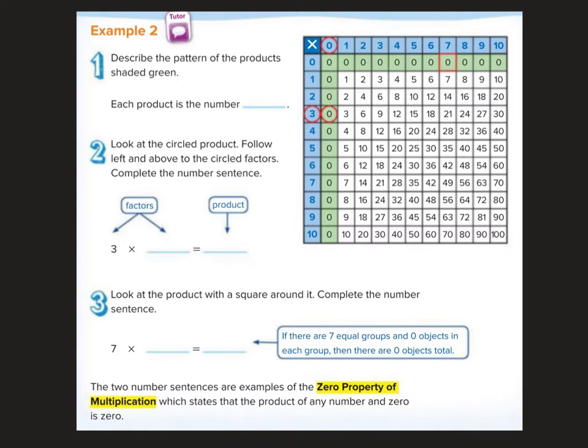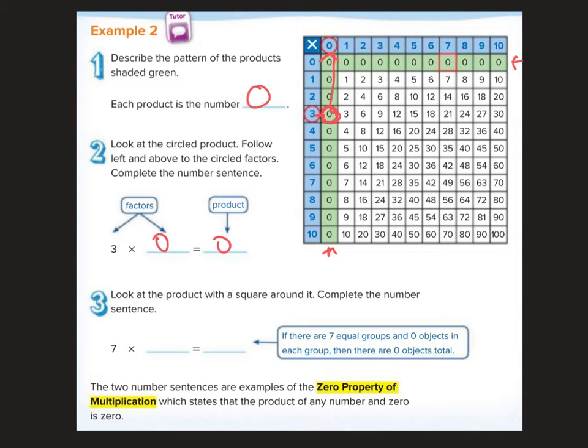If we look at example 2 here, it says describe the pattern of the products shaded in green. What do you notice? All of the green numbers are zeros. You're right, they are all zeros. So each product is the number 0. So if I look at the circled product and follow left and above to the circled factors, so if I look at 0 here, 3 times 0 is 0, right? 3 times 0 is 0.